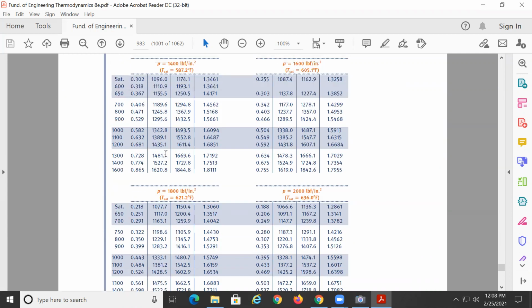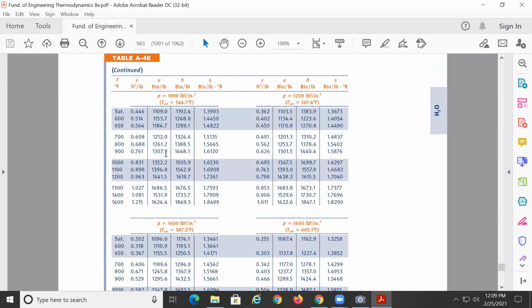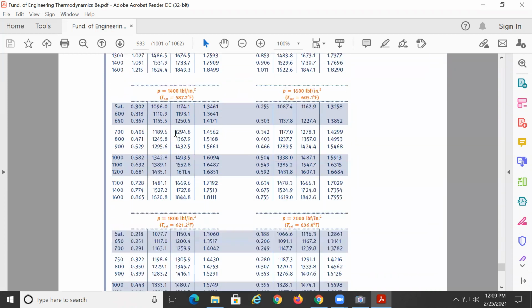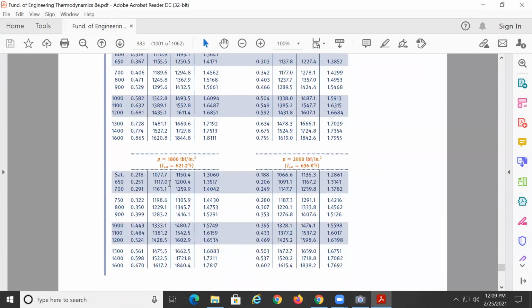So if we look on top, we need H. So H looks to be the before-last value, in BTUs per LB. So from table A4E at 1,800 and 1,100, this is equal to 1542.5.